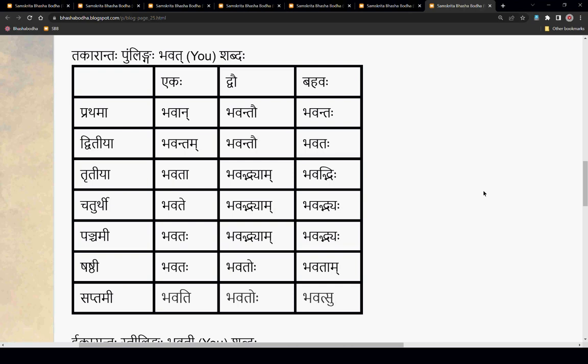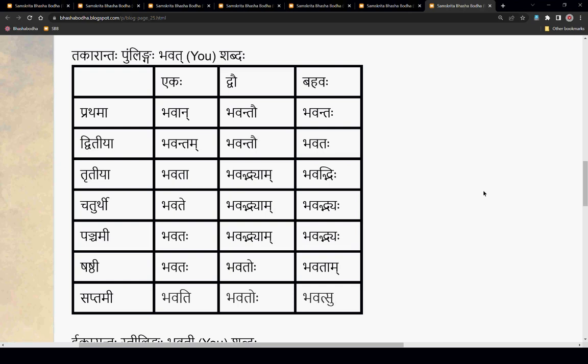And what of Bhavatam? Shashti Vibhakti, Bhavatam. Udaharanam, one example is Bhavatam. So generally this Bhavatam is of you all, right? So I can try Bhavatam griham sundaram.